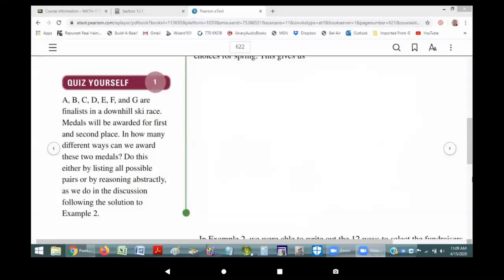If we list in pairs, letting the first place winner be the first letter and the second place winner be the second letter, then AB, AC, AD, AE, AF, and AG are all possible second place winners paired with A winning first.